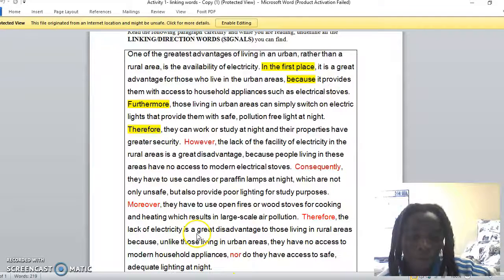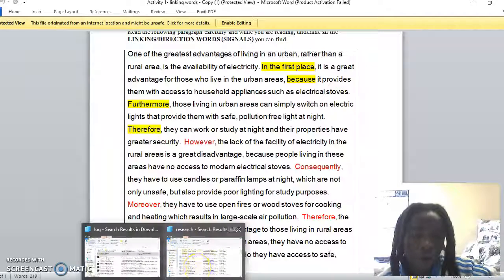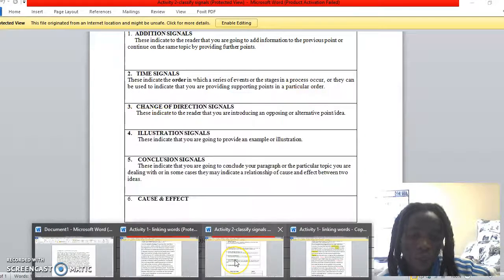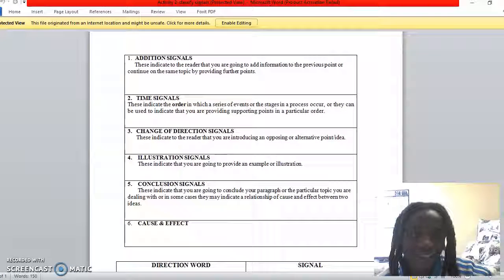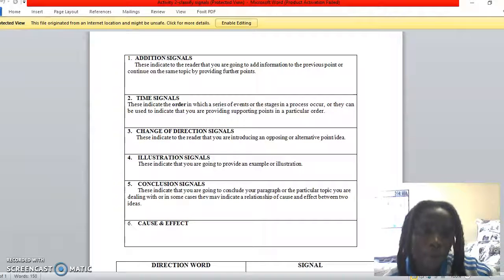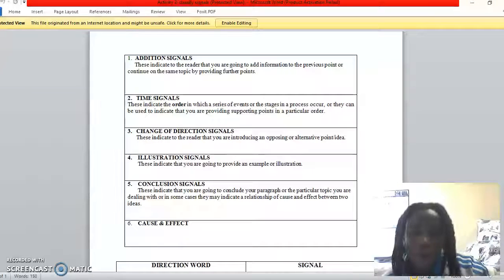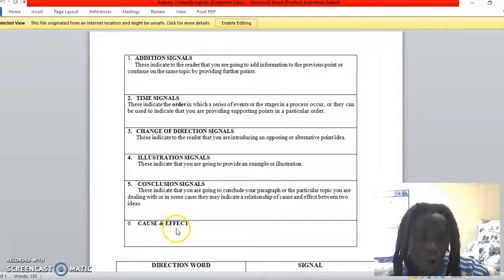Now guys, I'm going to give you a beautiful table here that speaks of the types of signals we have. We have additional signal, time signal, change of direction signal, illustration signal, conclusion signals, cause and effect.